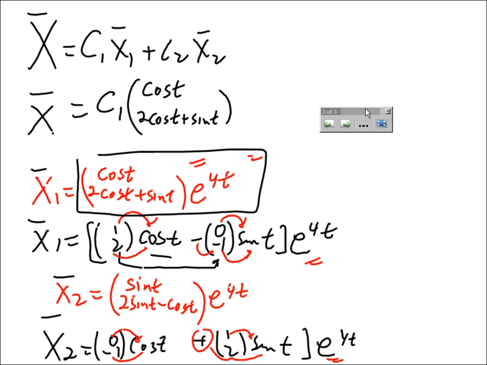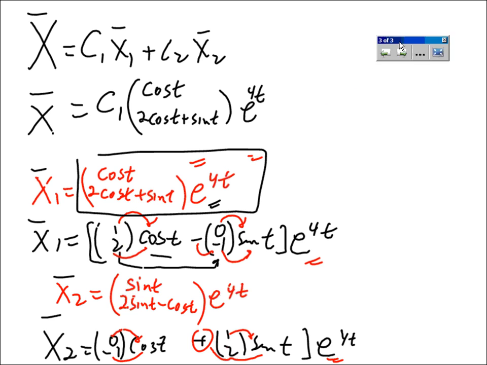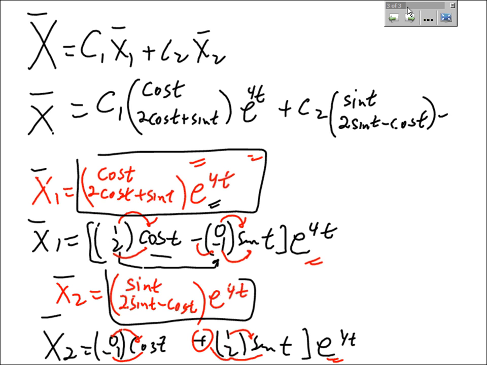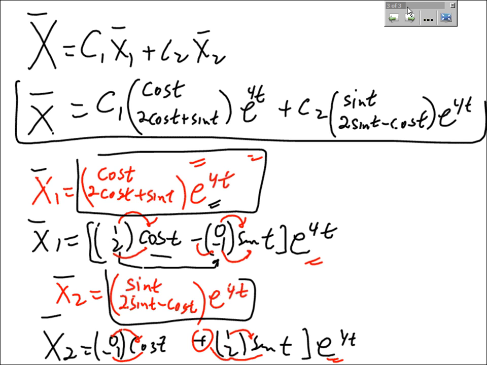That's a matrix times e to the 4t plus c2 times x2, where this is x2: sine of t, 2 sine of t minus cosine t times e to the 4t. And there is the final answer.